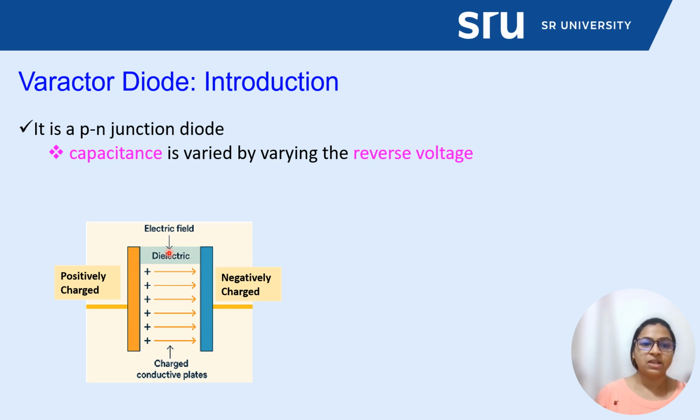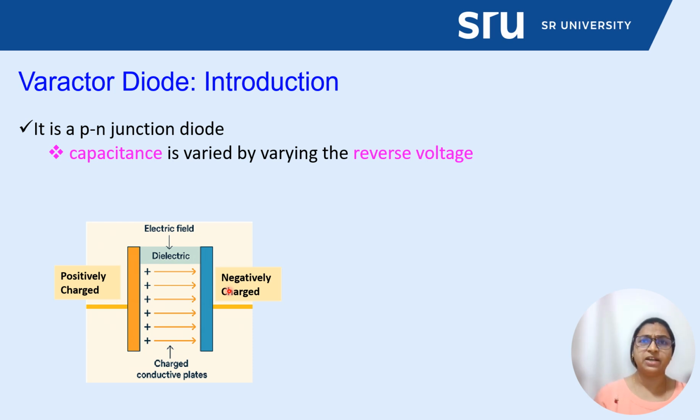As we said, there are two conductive plates, where one plate is positively charged and the other side is negatively charged. These conductive plates are very good conductors of electricity, so they easily allow electric current through them.